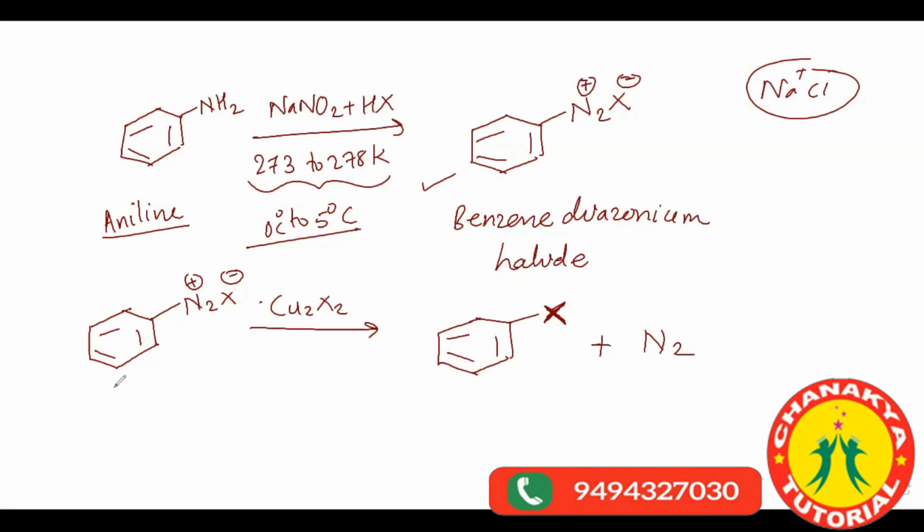You have to take a primary aromatic amine and treat it with a cold mineral acid in the presence of sodium nitrite. You will get the diazonium halide, benzene diazonium halide, and when you treat that with the cuprous halide, you will get a haloarene, and nitrogen would be released. So this is basically the reaction, and now we are going to see the mechanism.